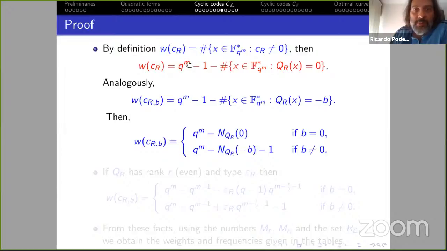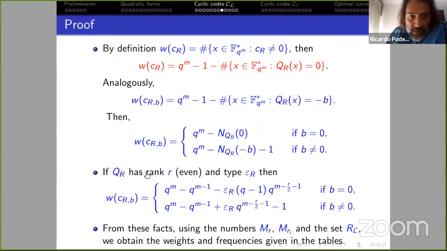So we are counting: we subtract the number of elements such that this quadratic form is 0. So we have this expression. Analogously for this more general weight for the other code. We know this distribution, we know these cardinalities, and we get this in both cases.